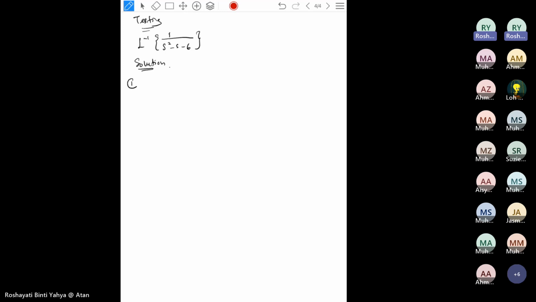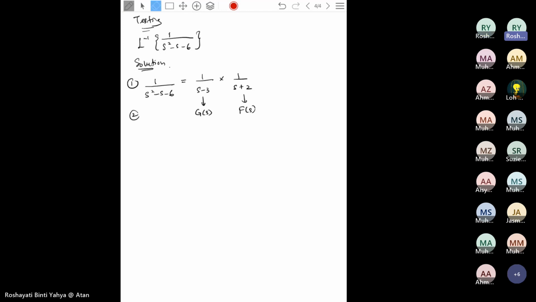So the first step, same thing. 1 over S minus 3, 1 over S plus 2. So second apa? Okay. For example, this one GS, this one FS.